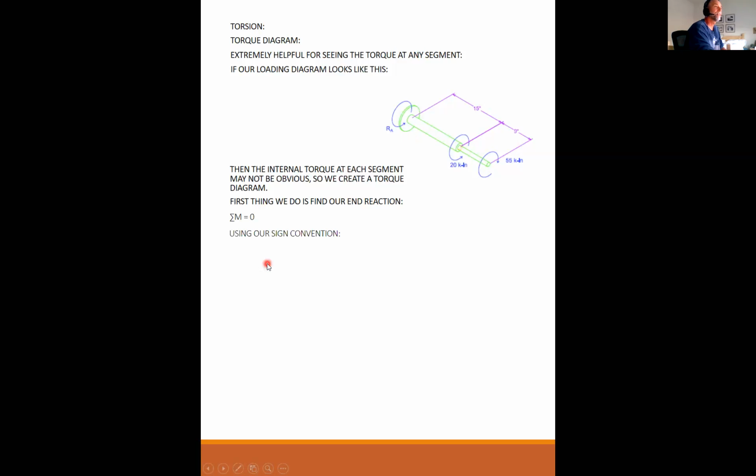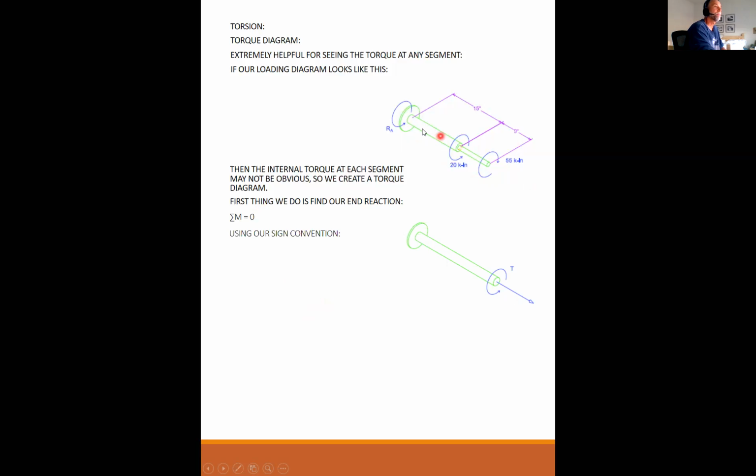So using the sign convention, like so, right? So if I stick my thumb out here, this is a positive 20. But if I stick my thumb out here, this is a negative 55. That's my sign convention.